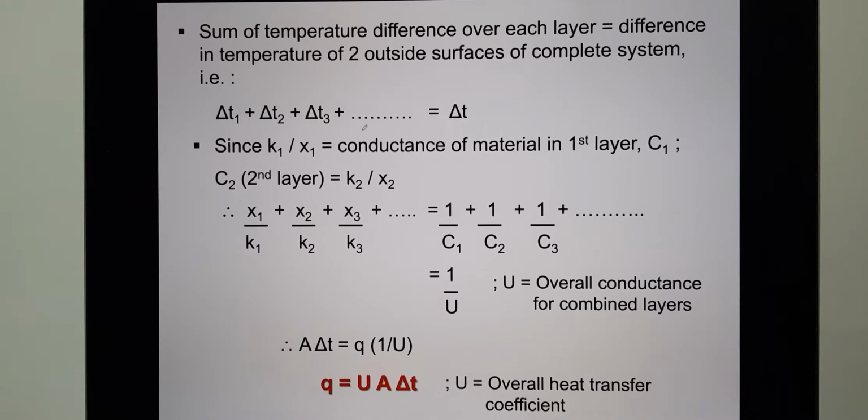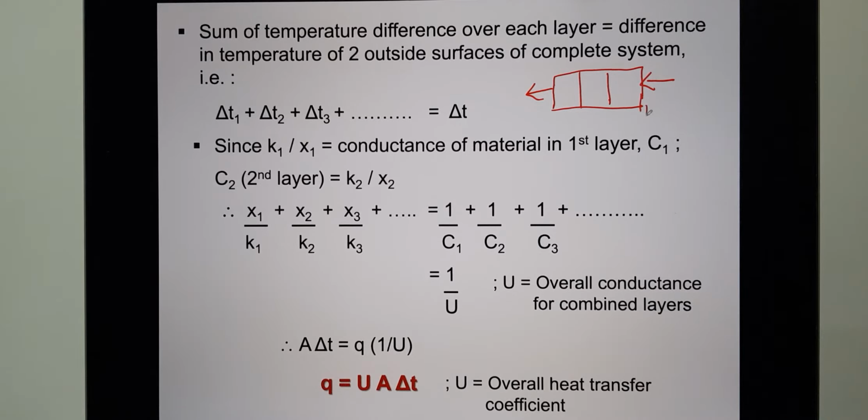For example, I have a material consisting of 3 materials, so I draw it here. For example, the heat is flowing from your right to your left. And basically, when we want to measure the temperature, we will measure the temperature at the wall of the material.